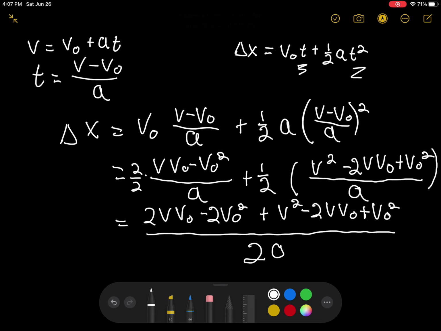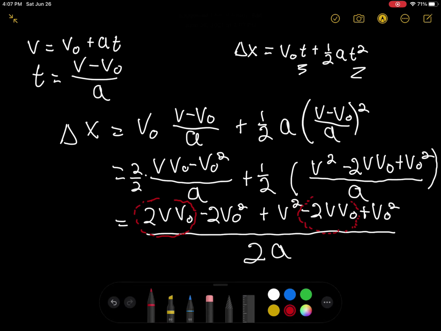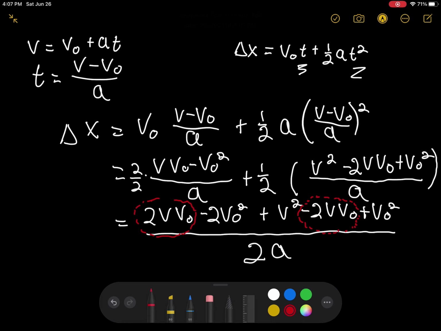Alright, let's just observe what we have so far, so we can combine like terms. This stuff can be combined with this, just to cancel that out, so we never have to worry about that ever again. And then, let's see what else. This minus 2v naught squared can be combined with this plus v naught squared. And then we have to combine everything all over again.